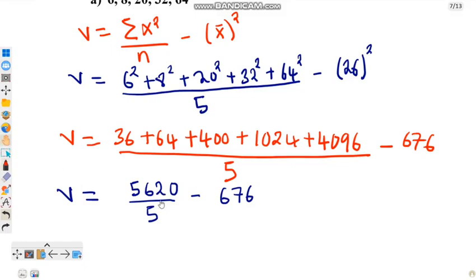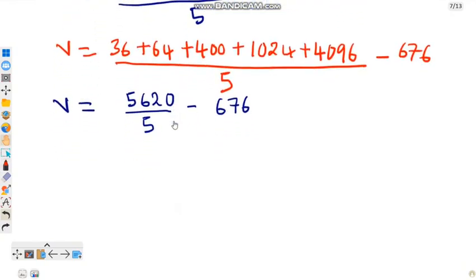Is this divisible? 5620 divided by 5 gives us 1124, then minus 676.